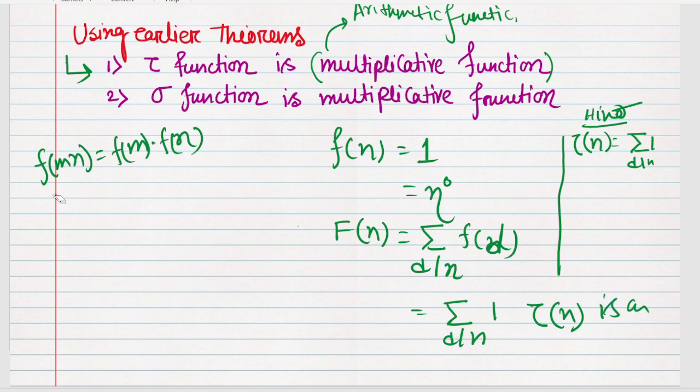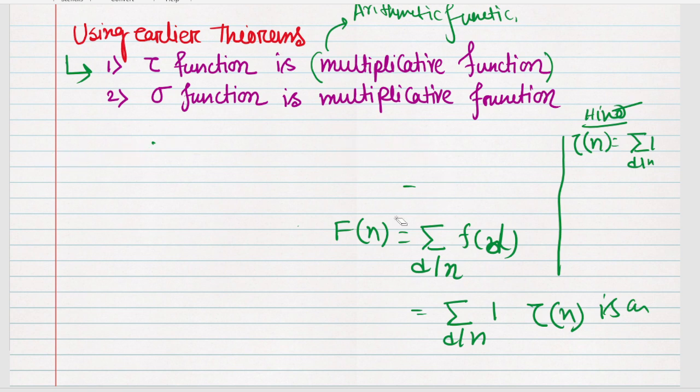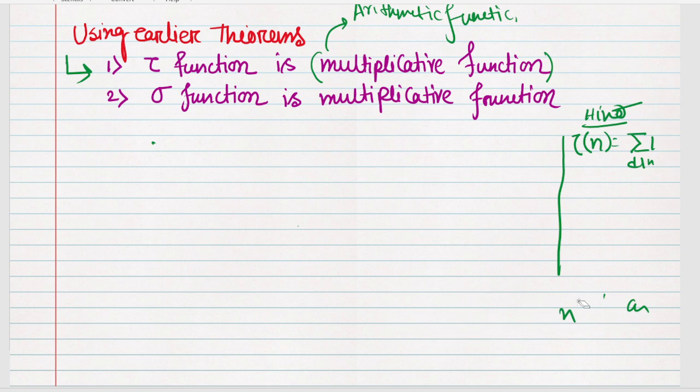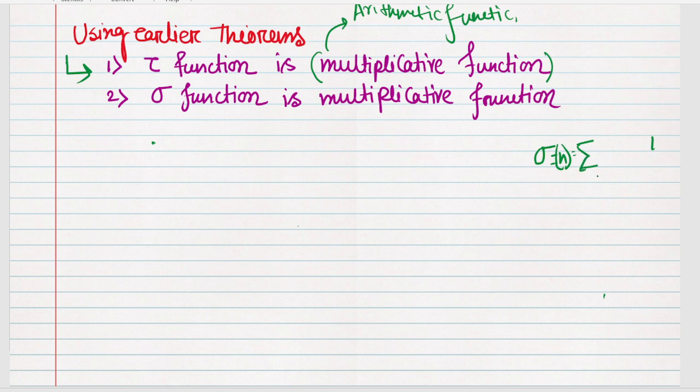So if we move to our second proof, which is that sigma of n is a multiplicative function, again we have to show that sigma of n is a multiplicative function. We know that sigma of n is the sum of the positive divisors of the integer n. We already know from our earlier first lecture that sigma of n can be written in summation form, summation over d dividing n. So we take our function f of n equals n, which is a multiplicative function.